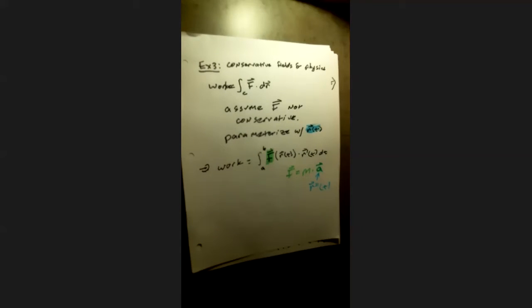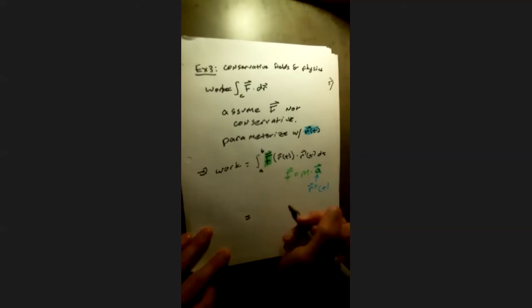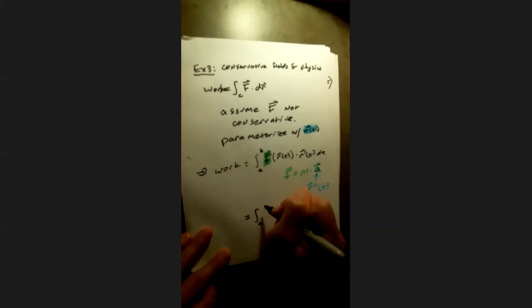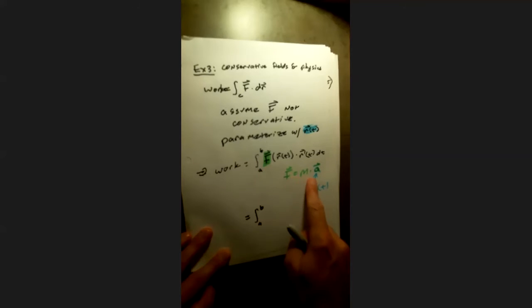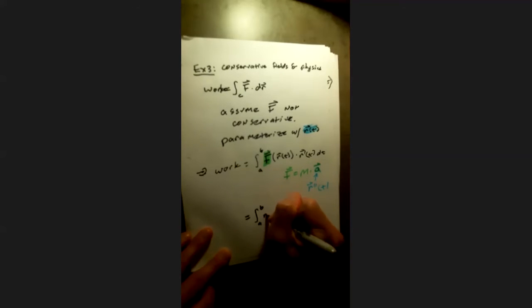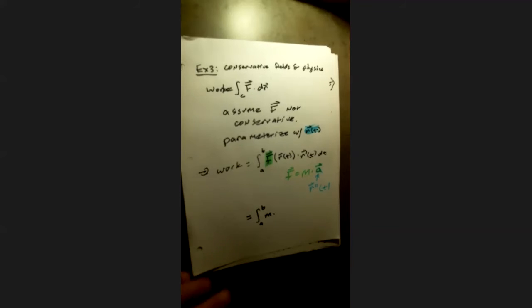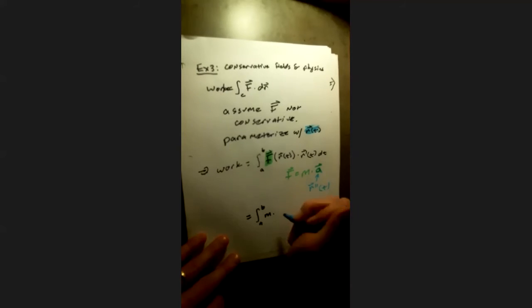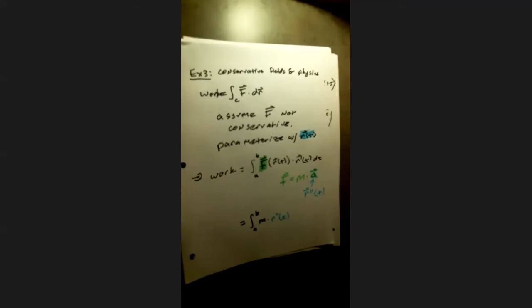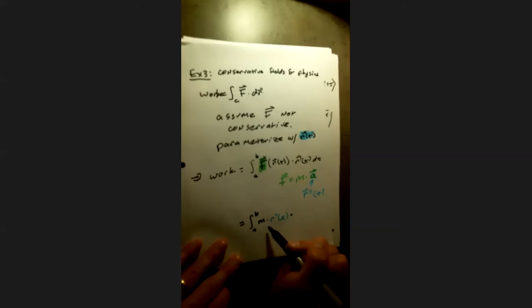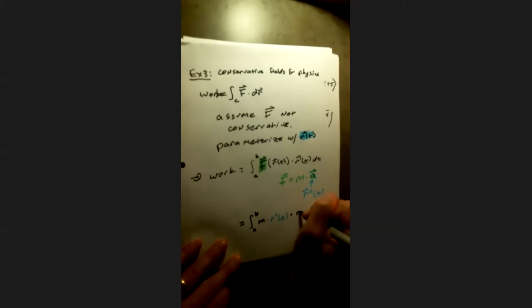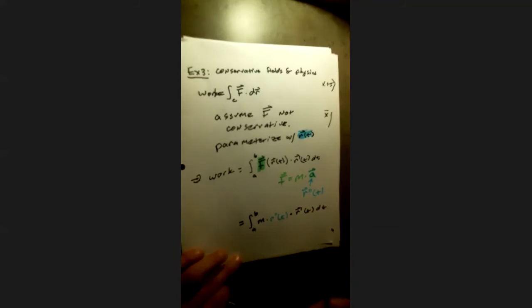So our work will be equal to the integral from a to b of F. F is going to be mass times acceleration. So here's the mass, and the acceleration is going to be our r double prime of t, dotted with, notice this is a dot, this is just a multiply, dotted with r prime of t dt.